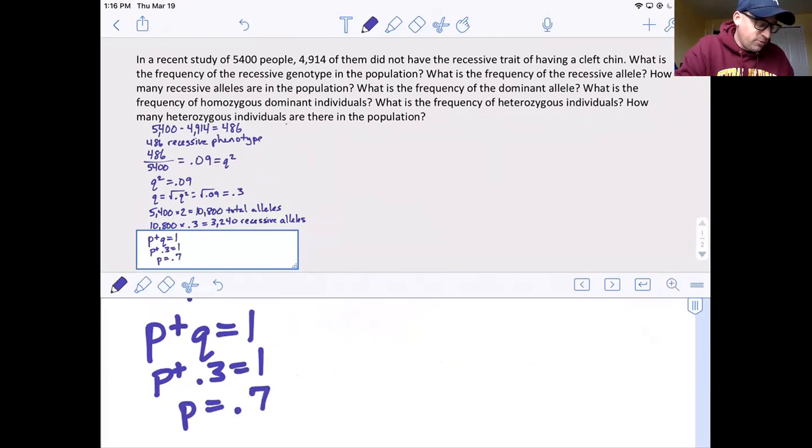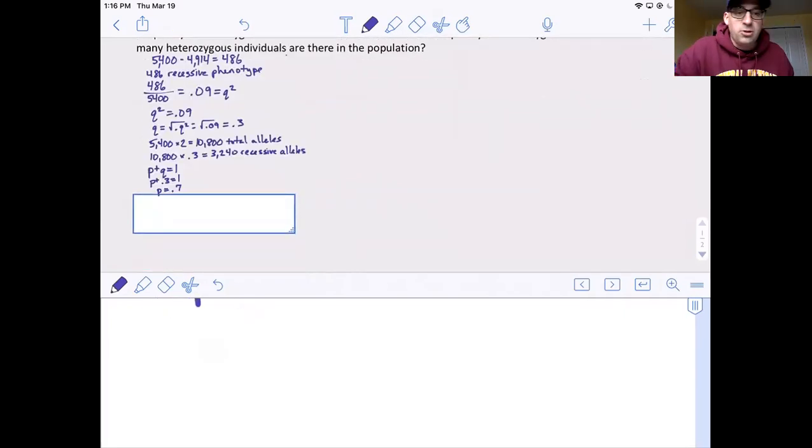Okay, so that's the frequency of the dominant allele in our population. The next question, what is the frequency of homozygous dominant individuals? Well, which term represents the frequency of homozygous dominant individuals? p squared. So p squared equals 0.7 squared, which equals 0.49.